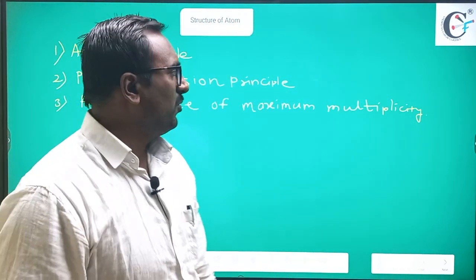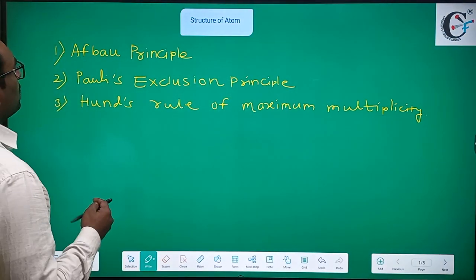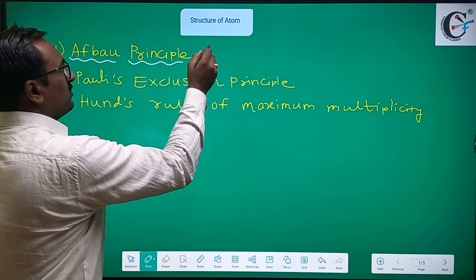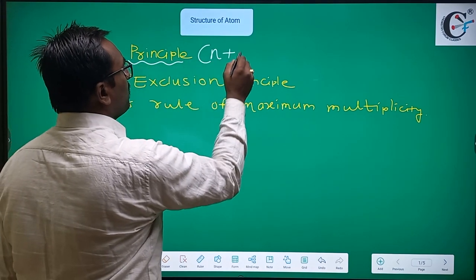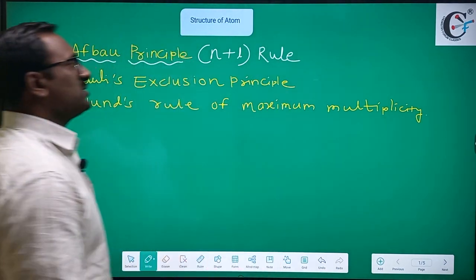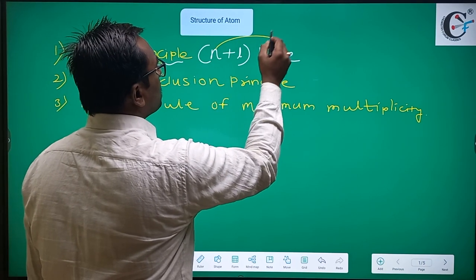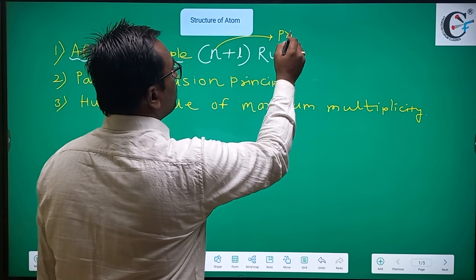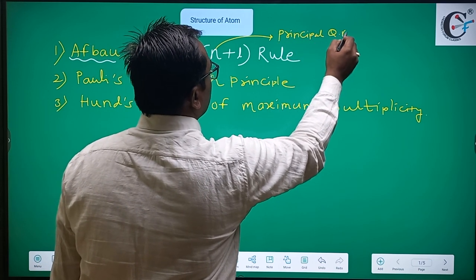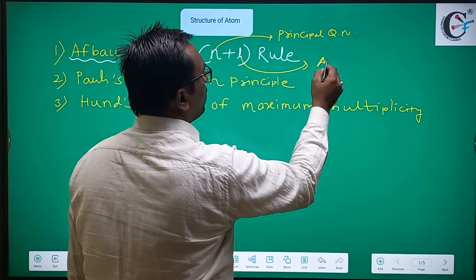So first principle we will use, that is Aufbau principle. This Aufbau principle is also called the n plus l rule. So what is this n plus l? Here n is the principal quantum number, and l is the azimuthal quantum number.